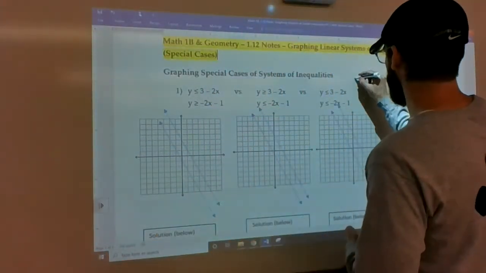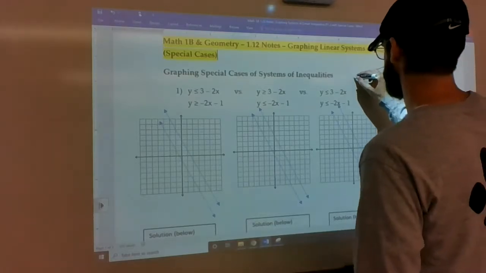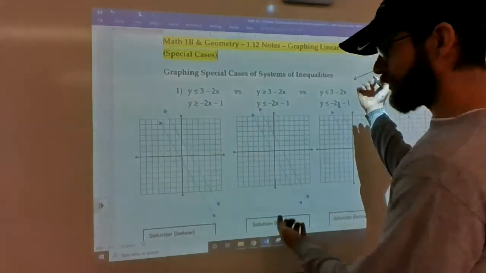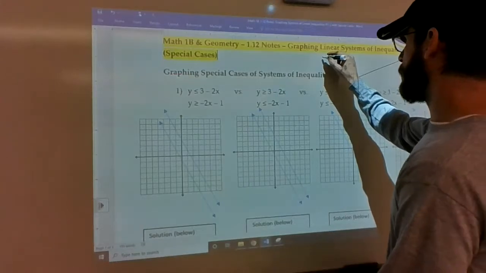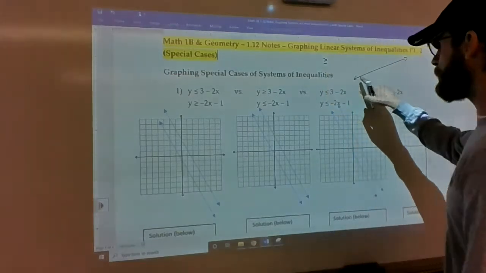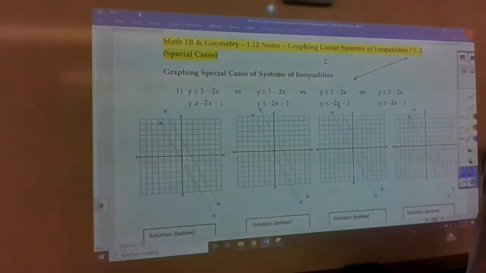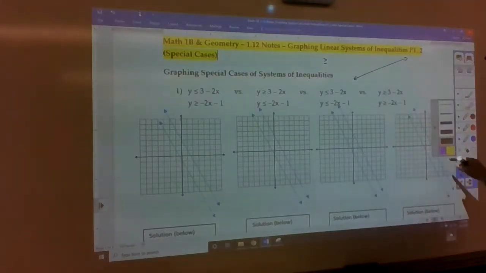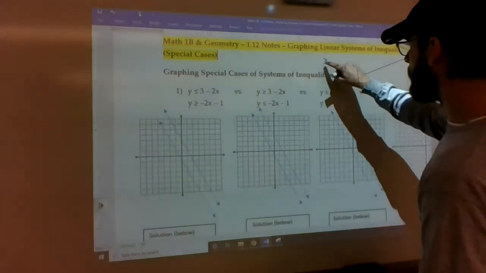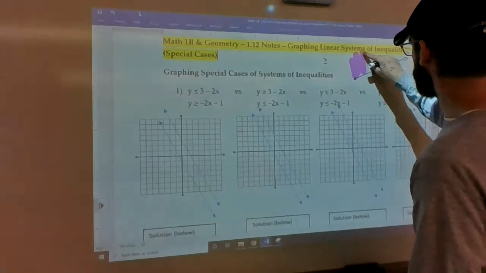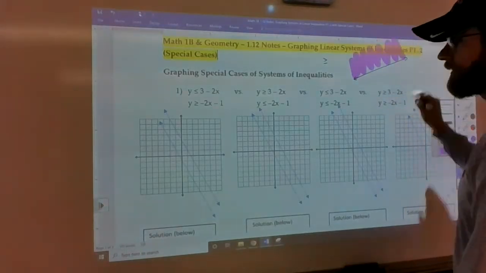Let's say you start out with one line that looks like this. If it was greater than or equal to, you'd keep it bold and you would shade above like that.